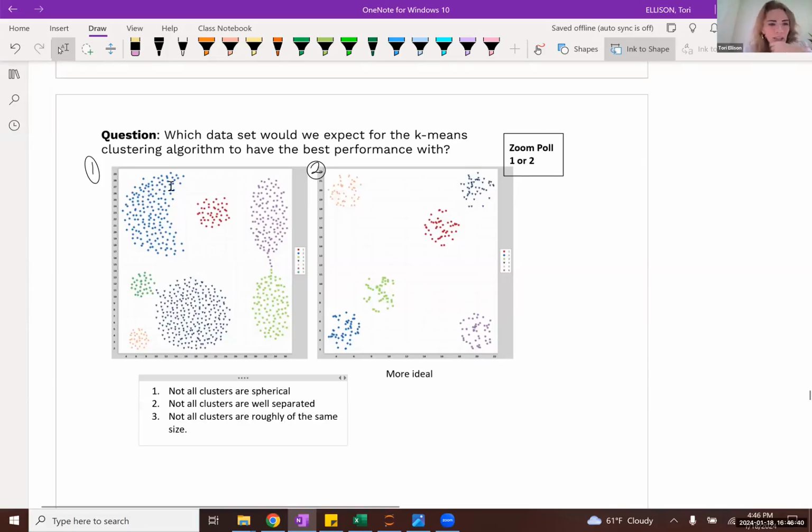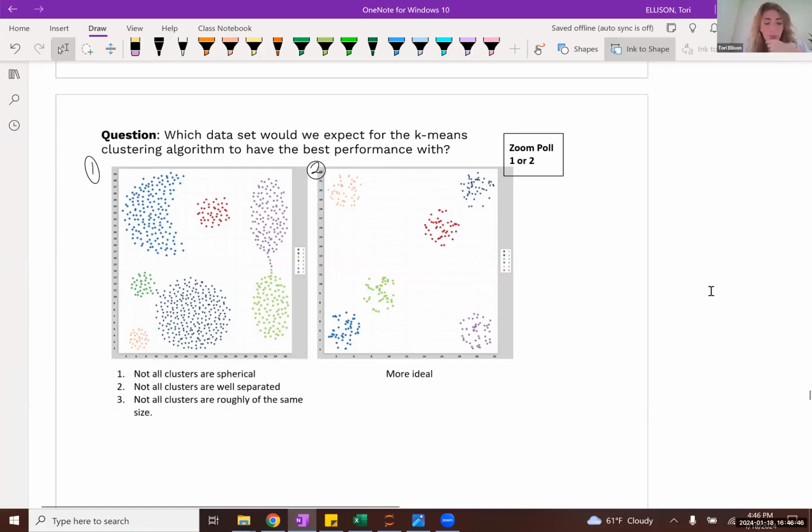Someone's saying outliers. I don't really see any strong outliers here, so I think we should be good to go on the outliers. But basically these 3 things may make it more challenging for k-means to identify the actual inherent clusters that exist in this data set that we can see with our eyes. Okay? Questions on that?